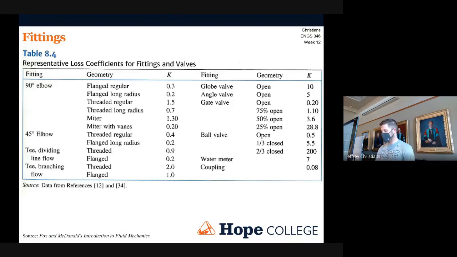You can see a little bit of the variation that there can be even in a single type of thing. You can see here all different kinds of valves. When they're wide open, depending on the design of the valve, it could be a very different thing, how much friction is actually occurring in that valve.